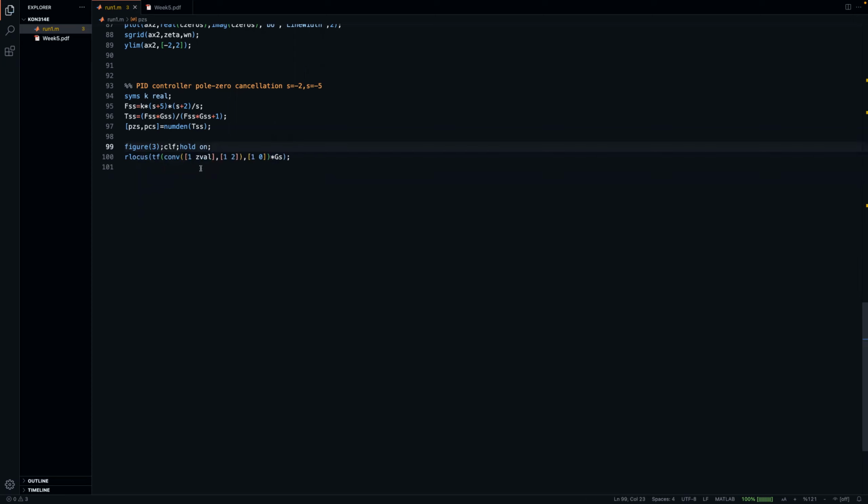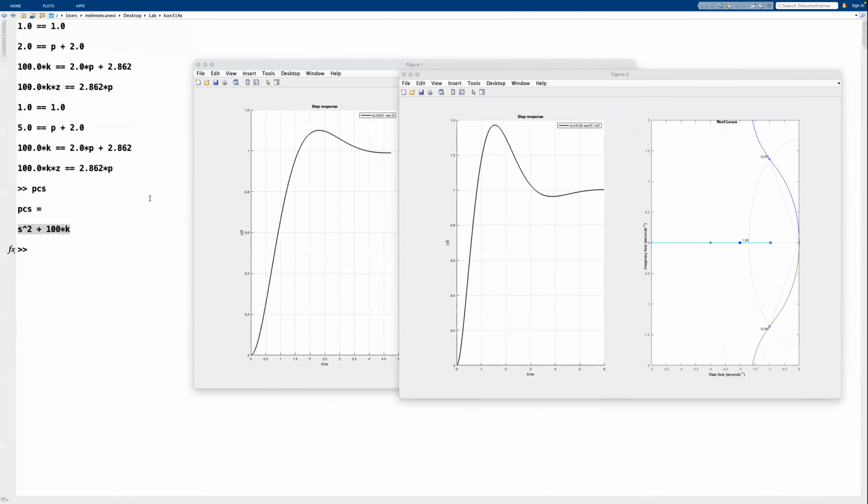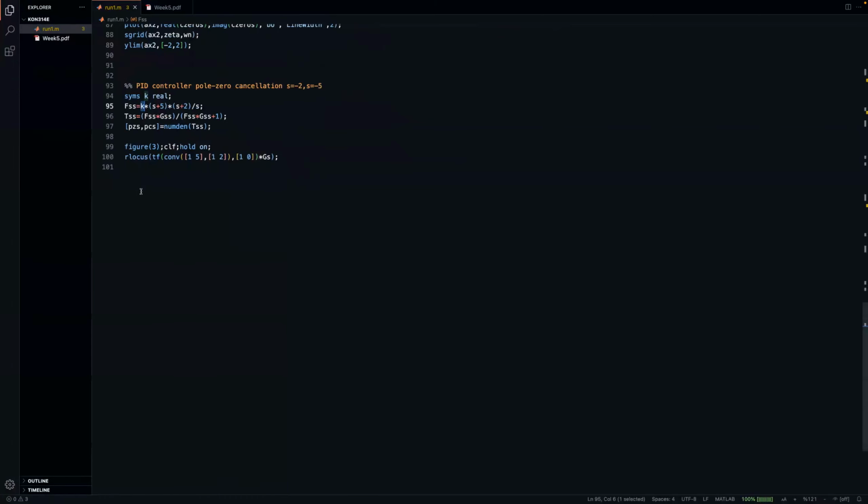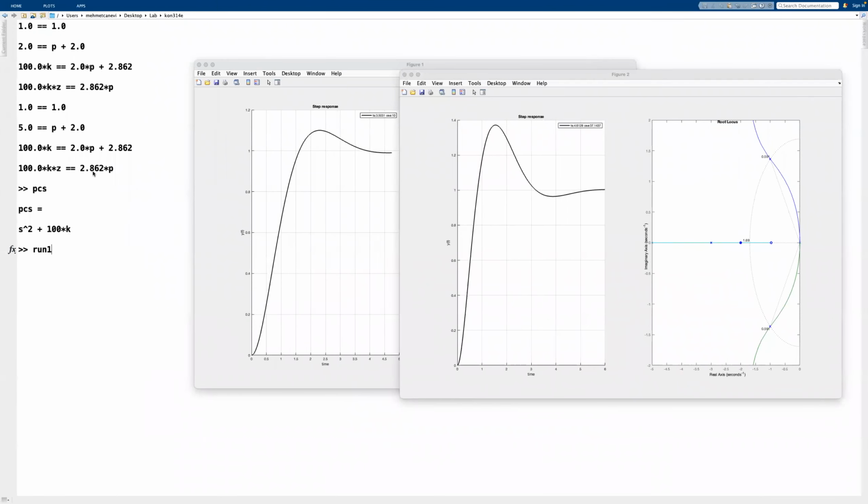So that's it basically. Now the other one is at -5. So I can just add the zero at -5, the zero at -2, and the pole at the origin to the system and look at the root locus plot, because essentially I'm looking for a P-type controller. The only unknown here is k, the P-type controller gain. So is this figure 3? Yep. So let's run it.